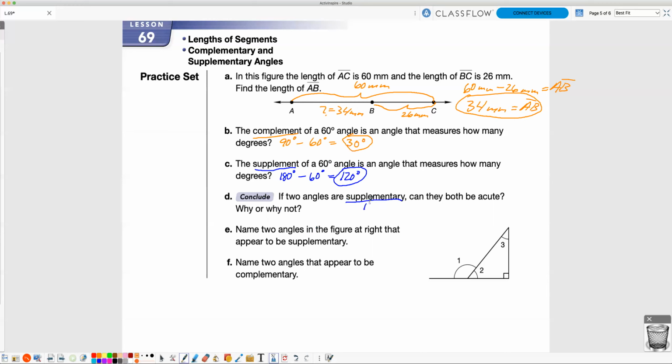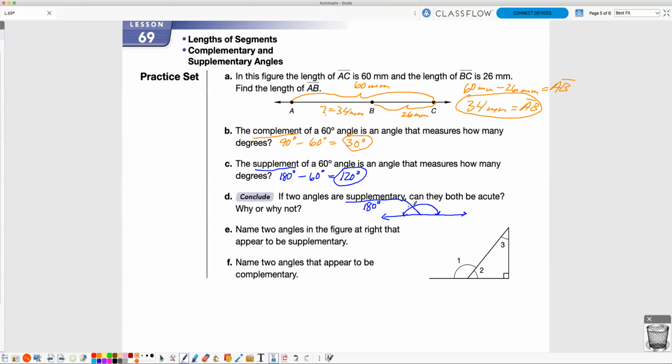All right, supplementary means it's 180 degrees. And if you're looking at a 180 degree line, that's basically 180 degrees. So if you're looking at this, and this is the measure, that's 180 degrees. If we were to split this, let's split it this direction.